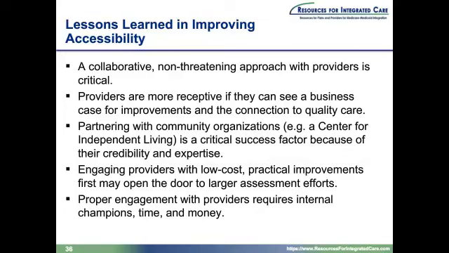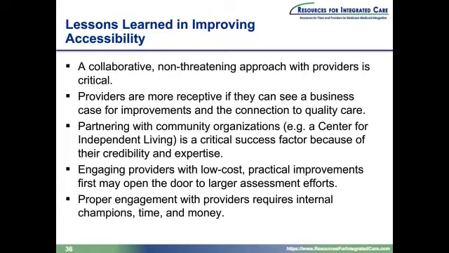Our partnership with the Independence Center in Colorado Springs was critical, and truthfully, Pat's role and his personality in the provider office really put the providers and the office staff at ease and helped them to see that we were there to really help them and not to get them in trouble, frankly. Providers were much more willing to make improvements if they saw the business case, and that was a key place to start our work.